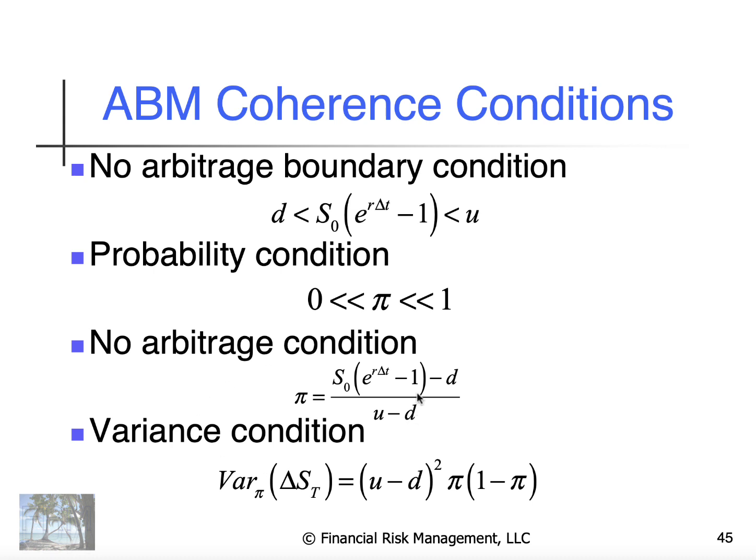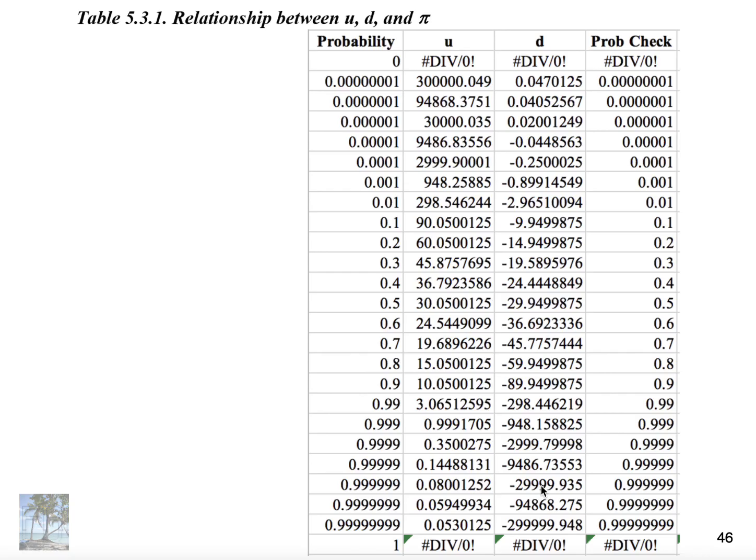The no arbitrage condition is a little different than before in the sense that rather than total returns, it's just the interest that I would earn if I put the stock price in the bank. And then the variance condition, just to make sure that the volatility remains the same, is basically U minus D squared times pi times 1 minus pi.